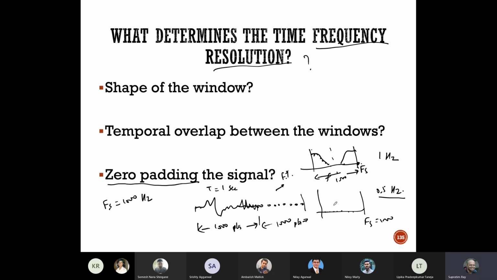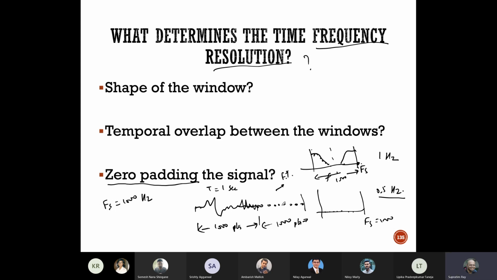On the face of it, you would say, yes, now you have got more points, but really that can't be true, right? Because I could have added a million zeros and I could have had an extremely high density of points between 0 and 1,000 hertz. So that can't be right.